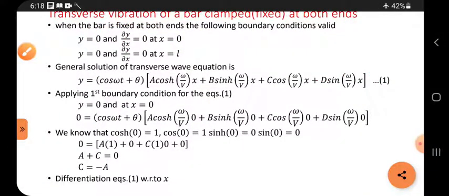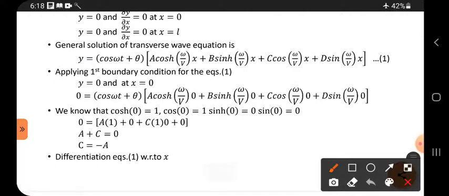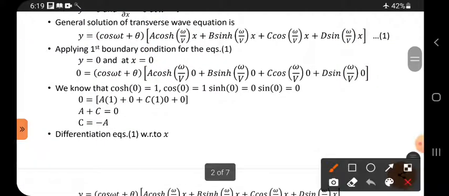Now the general solution is done, and we apply the boundary conditions to the first equation. The boundary condition is y equals 0 at x equals 0. So wherever we have y, substitute 0, and wherever we have x, substitute 0.